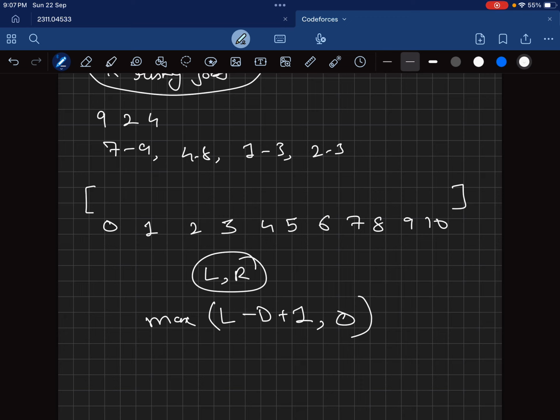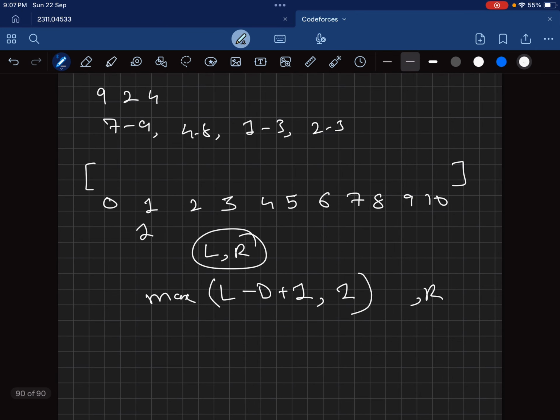So if the interval is in the beginning and D is too large, instead we consider it as 1. We replace L by this quantity and R stays as it is.